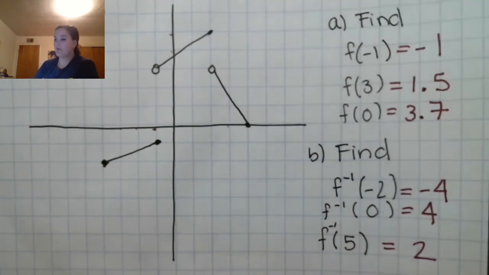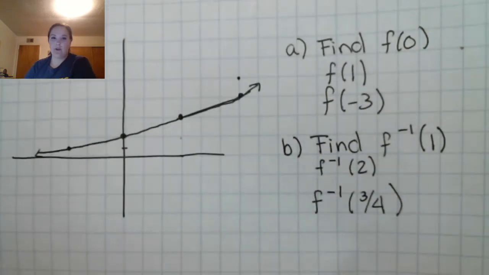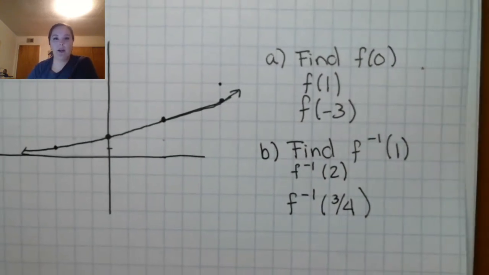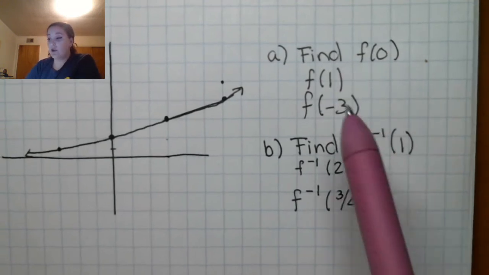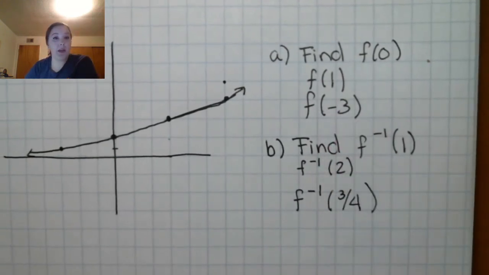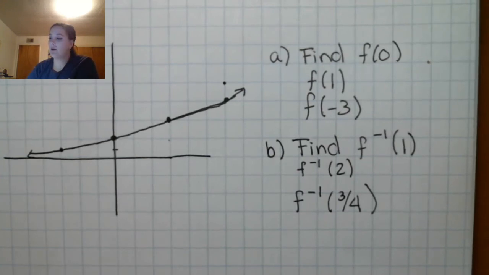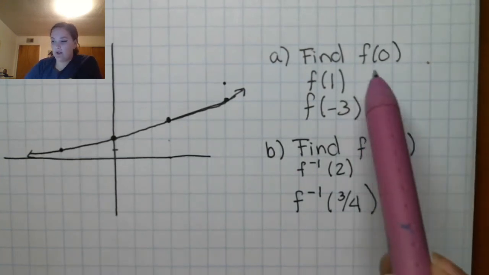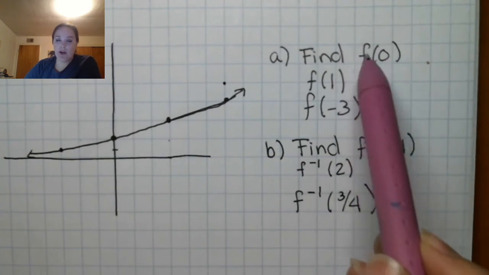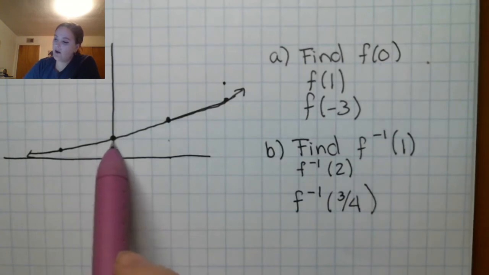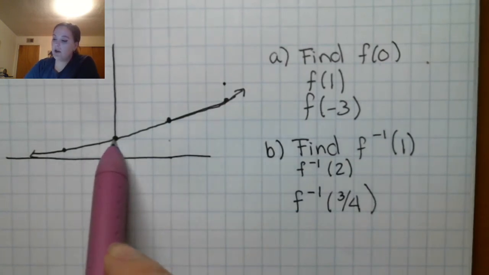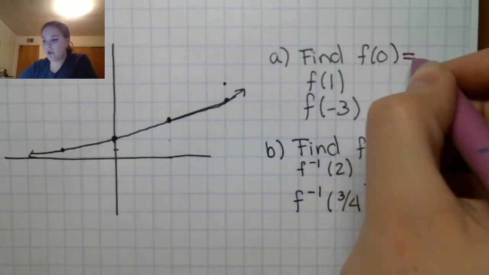Let's look at another example of this. Now that you've seen the first example, go ahead and pause the video. You should be able to answer parts A and B based on what we did in the previous example. Now that you have your own answers, remember these for the regular function are intaking x values. So the x value of 0 would be this point, and we're going to give the corresponding y value, which is 1.